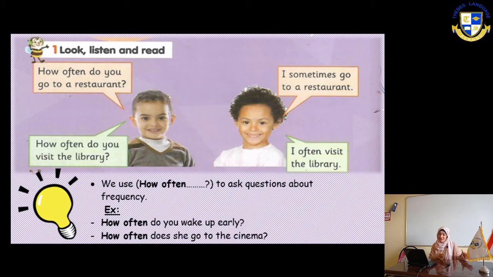How often does she go to the cinema? She usually goes to the cinema. So, when I ask how often, you are going to answer with always or usually or often or sometimes or never.